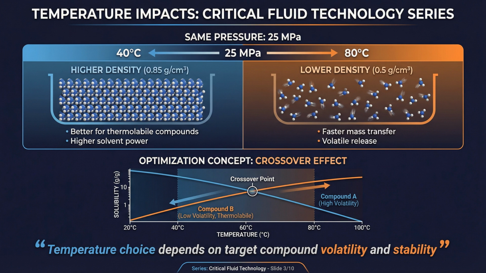There's also a crossover effect. For some compounds, solubility actually increases with temperature despite lower density, because the compound's vapor pressure increases faster than solvent power decreases. Optimal temperature choice depends on your specific target compound's properties.